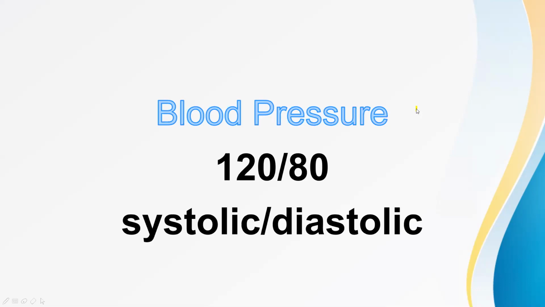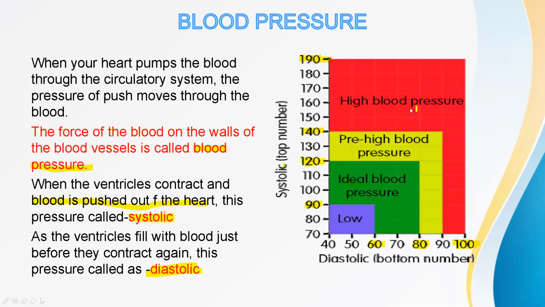In old people, around the age of 50 or 60, you can also see changes in these pressures; the numbers will change. But normally, as I said, if the blood pressure is more than 140/90, it is not a good health sign, because the person has high blood pressure.